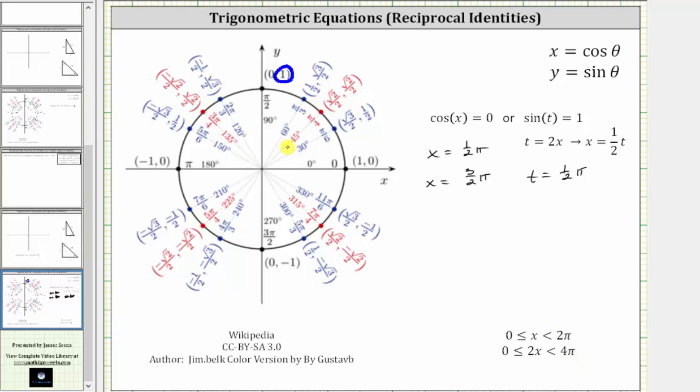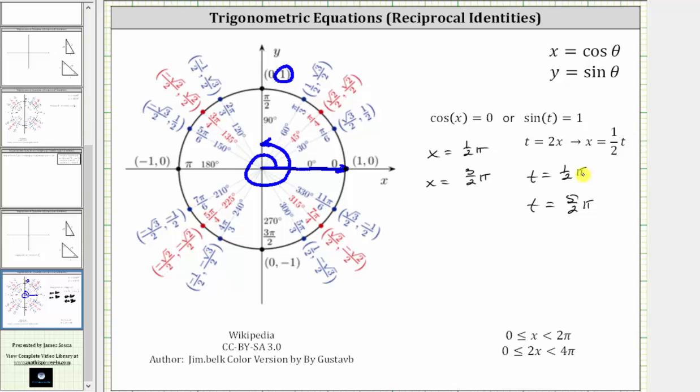Remember, we're solving on the interval from 0 to 4 pi radians. So another angle in the interval that's coterminal to 1/2 pi radians would be this angle here. One complete revolution past 1/2 pi radians, which is 1/2 pi plus 2 pi, which is 5/2 pi radians. So t can also equal 5/2 pi radians. But we're not done here. We now need to find x, where x is equal to 1/2 times t.